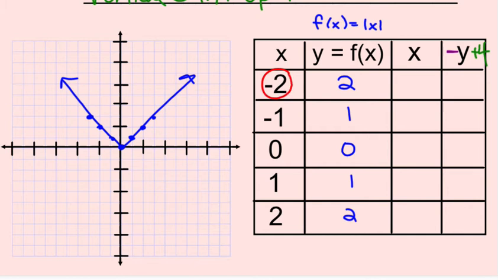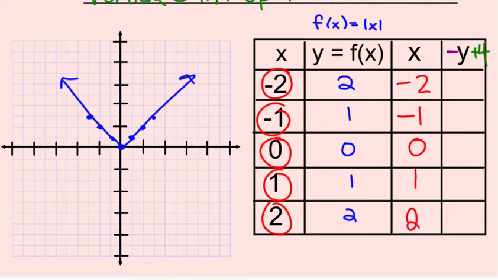So all of these x's will stay the same because no rule is happening with the x's. Then the y's. We're going to be changing it by a negative and then adding 4.